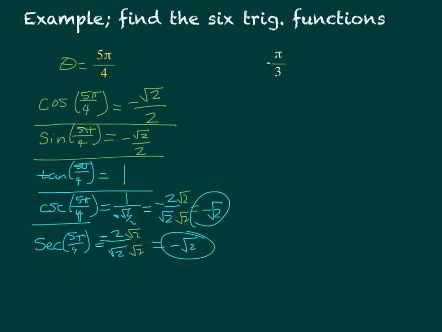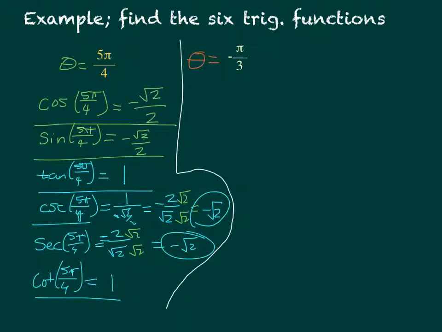And the last one is cotangent of 5 pi over 4, which again is going to be the same idea. It's still going to be the reciprocal of tangent. The reciprocal of 1 over 1 is still 1 over 1, so cotangent is also 1. And there are your 6 trig functions of 5 pi over 4.